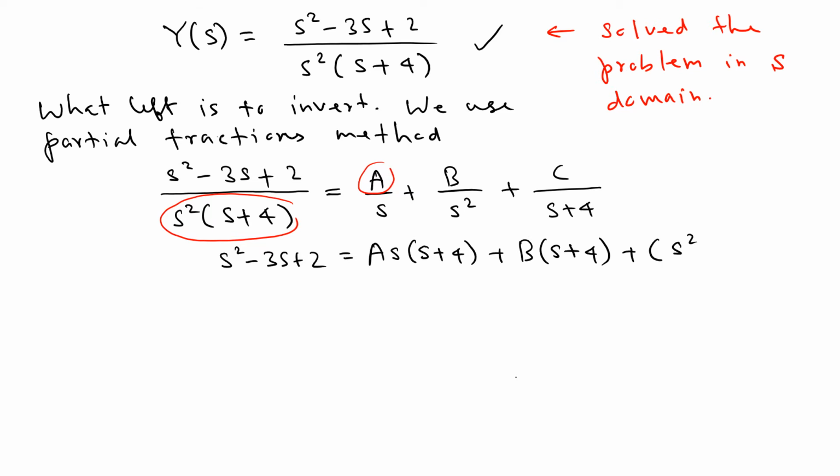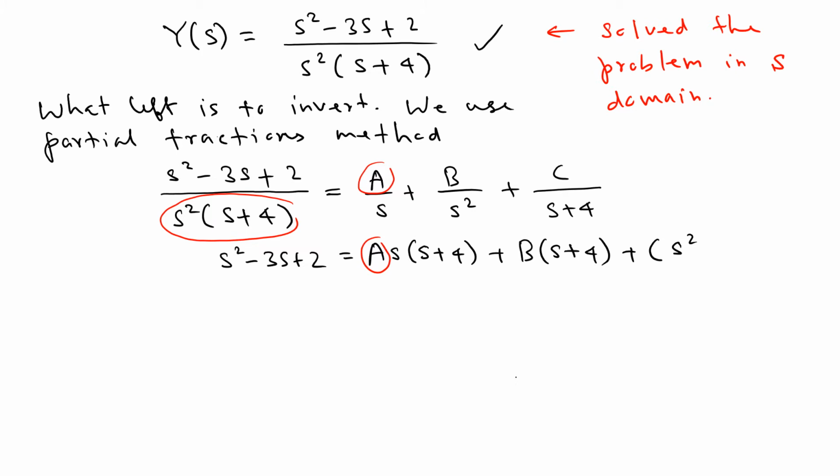Now we normally use a substitution technique, because that's much faster. To find A, we look for what is common to the other two terms, and you can see there's nothing common to the other two. So you cannot find A directly first.